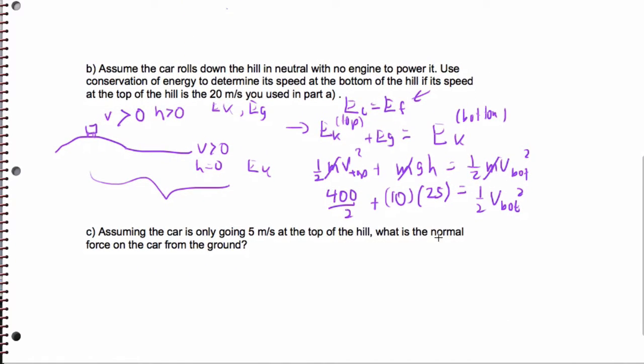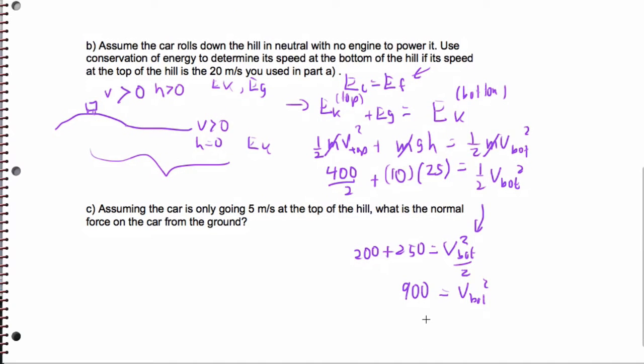So continuing on here, we'll have 200 plus 250 equals v bottom squared over 2. So we end up getting 900 equals v bottom squared. So we get 30 meters per second for v at the bottom. That was actually totally coincidence. That's kind of cool that it worked out that way. Nice whole number.